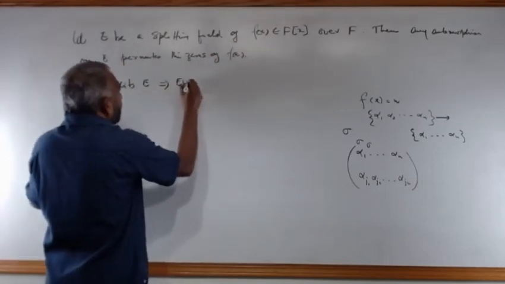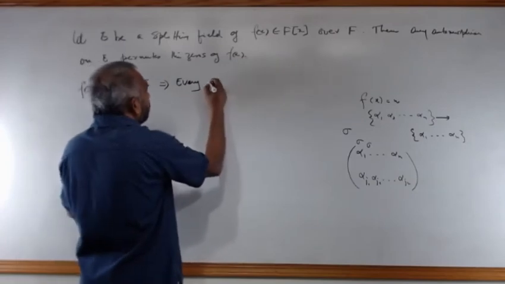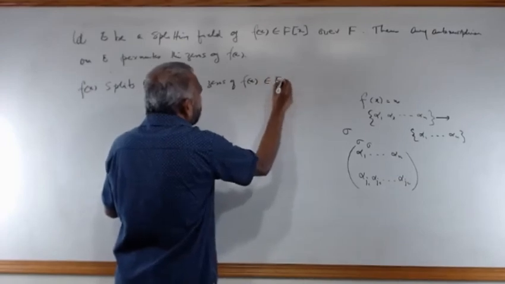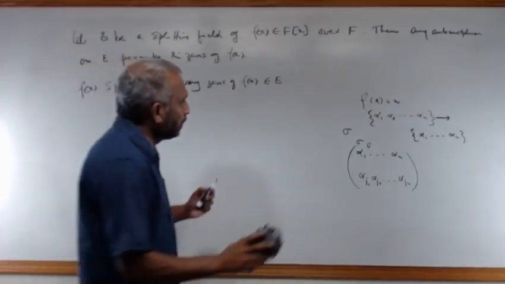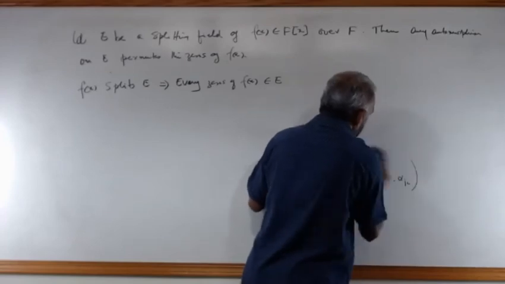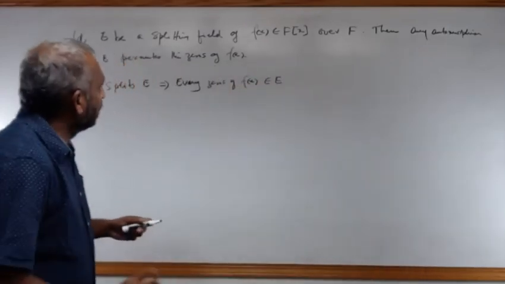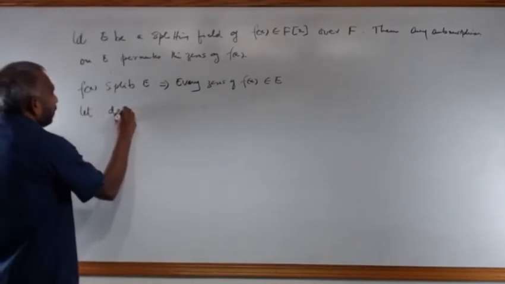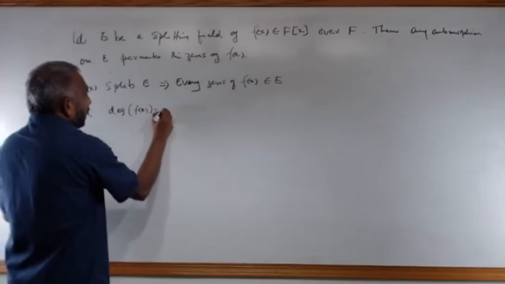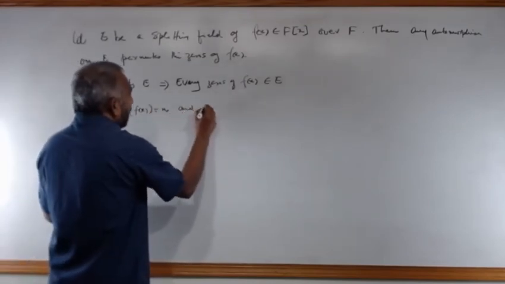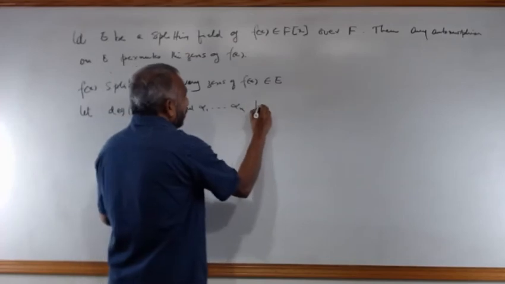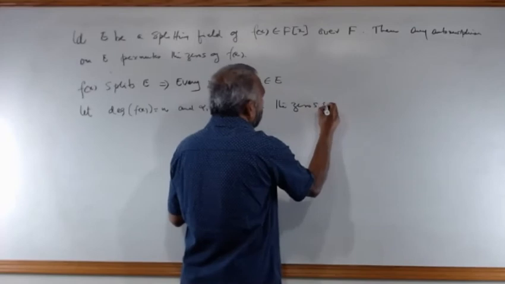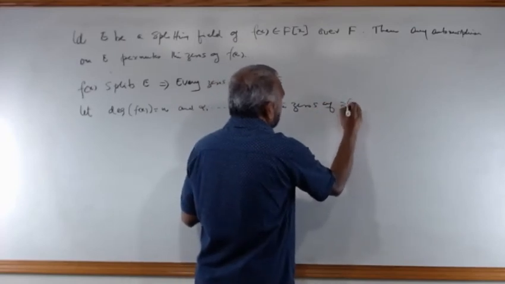It implies every zero of f of x belongs to E. So let the degree of f of x be n, and alpha 1 through alpha n be the zeros of f of x.